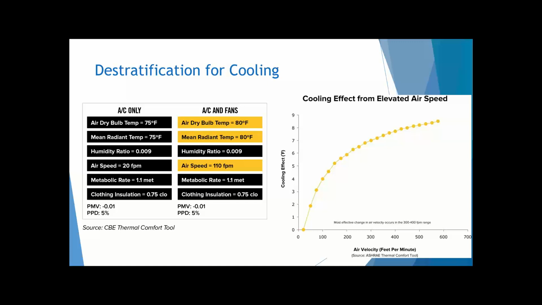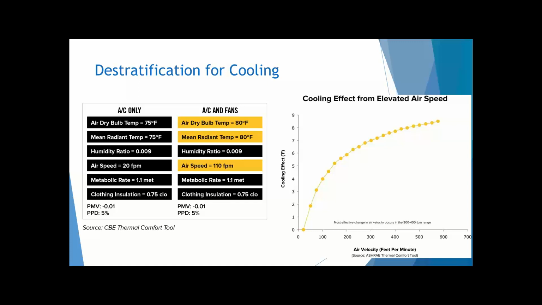Here's an example on the left where you're using AC only, your set point is 75 degrees, and your airspeed is 20 feet per minute, which you wouldn't detect in the occupied zone. Now let's move that airspeed up to 110 feet per minute and increase the set point up to 80 degrees.